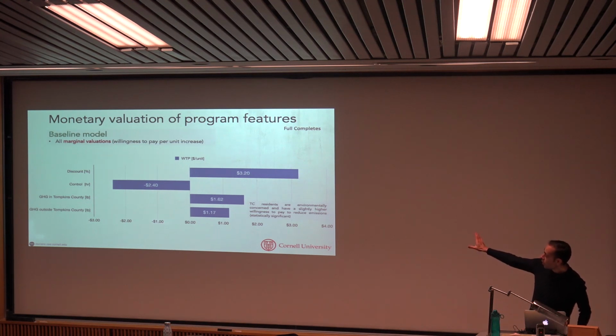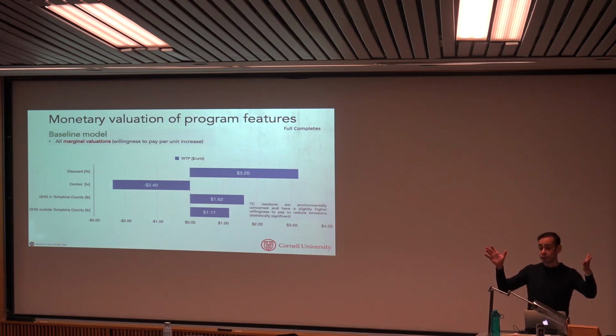Then those 3 are willingness to pay, positive, so people are basically valuing the benefit of those features of the program. But you can see control yielded to the utility has a negative willingness to pay, so that's what we call a willingness to accept, right? So people don't like to yield control. I tell them, okay, if you allow 1 more hour for the utility to decide when to charge the car, people are perceiving this negatively.